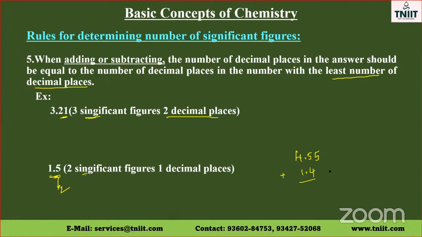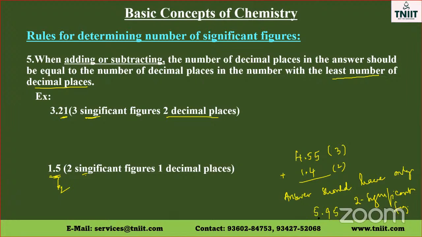Now, in this case, the number of significant figures is 3. And in this case, the number of significant figures is 2. That means when we add, the answer we get should have only 2 significant figures. So we should make the answer in only 2 significant figures.